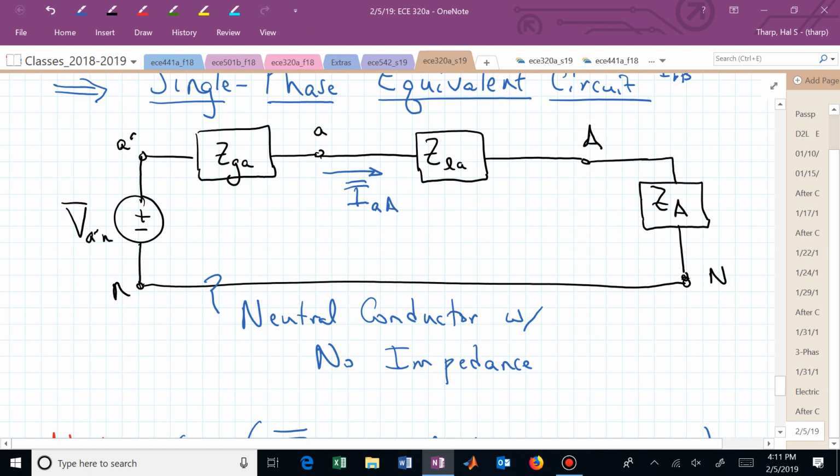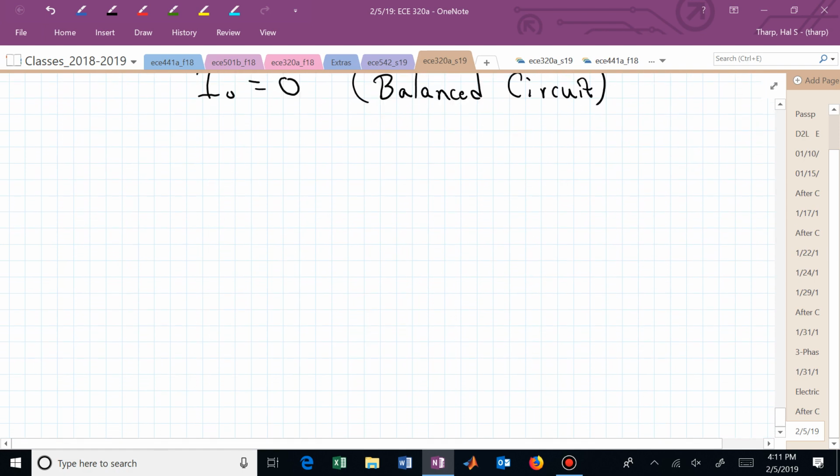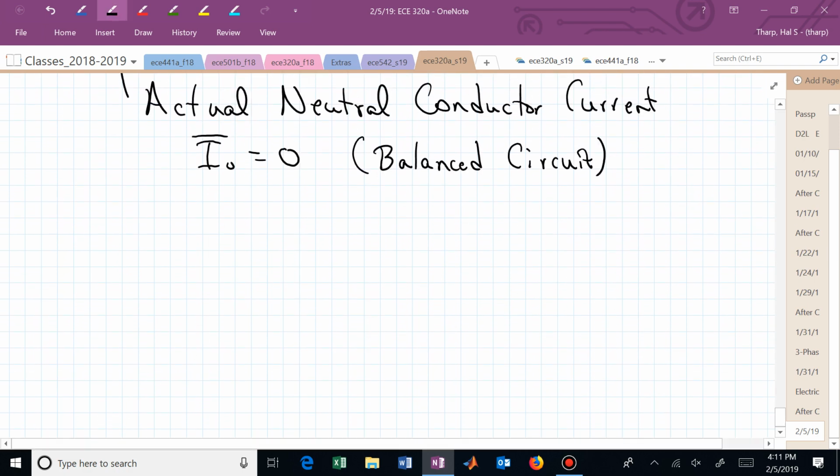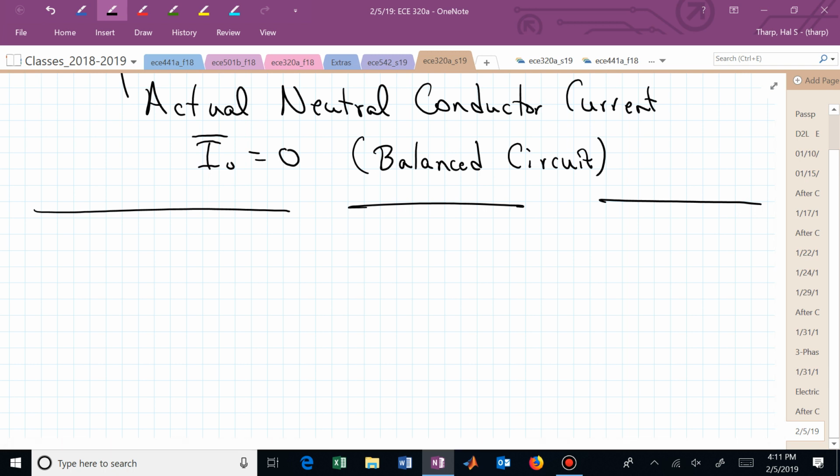What we may want to do, though, is go back and forth or find information. Maybe somebody says, you analyze that single phase equivalent, and maybe you now have the phase voltage at the load. What's the line voltage between A and B? That's not in my single phase equivalent. How do I find that?